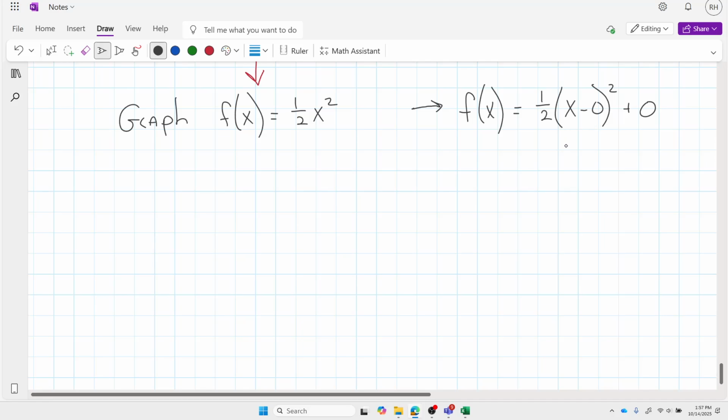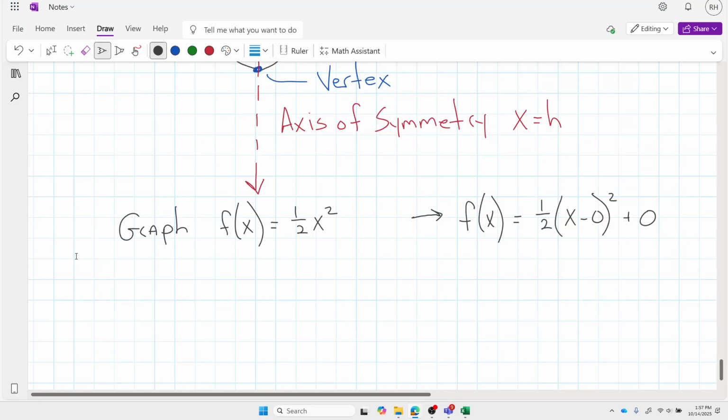So if you identify the axis of symmetry of this graph, it's at x is equal to h, all right? And in this case, our h is 0. So our axis of symmetry is going to be at x equals 0.